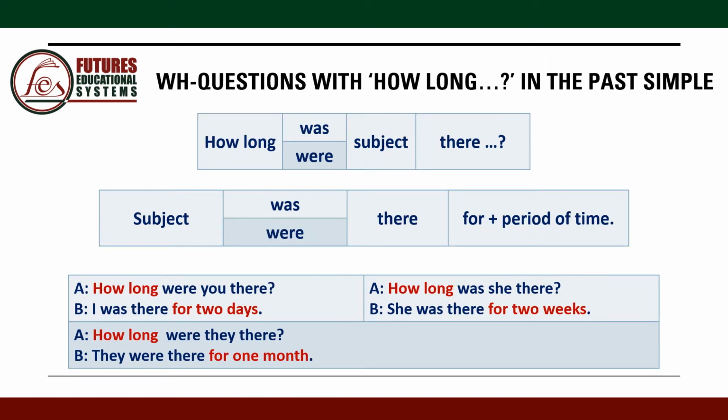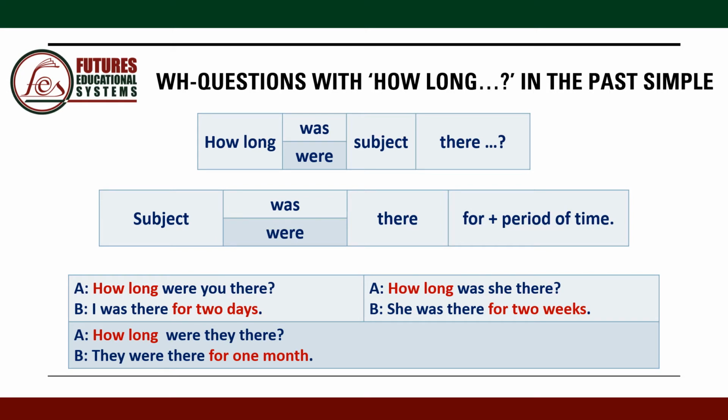Now we're going to move to WH questions with how long. This is a little bit different from the questions that start with when. When asks about the time, but how long asks about the duration. To form the question, we use how long with was or were, depending on the subject, plus there.